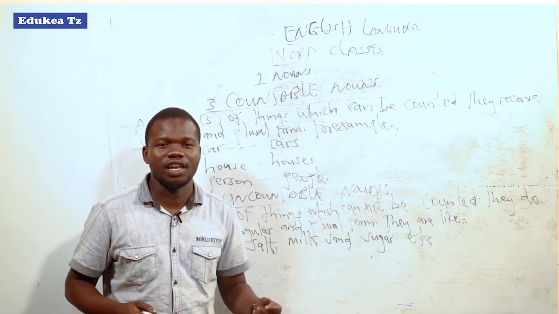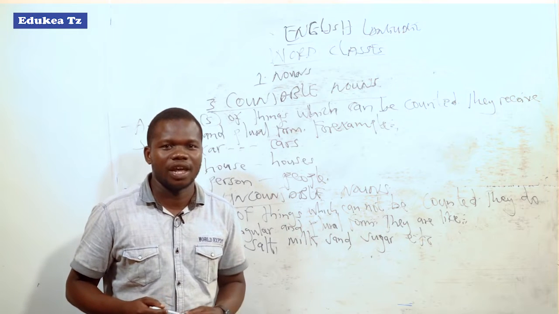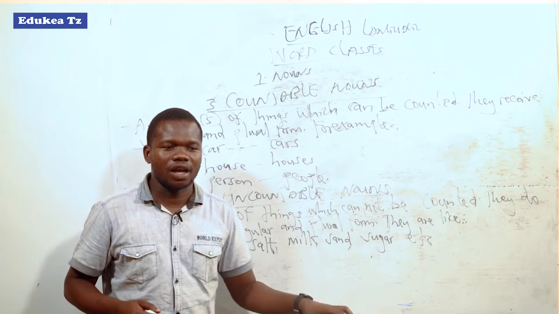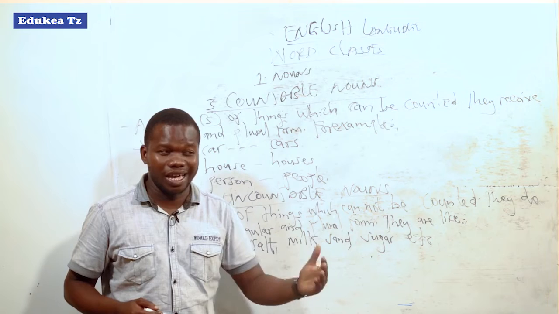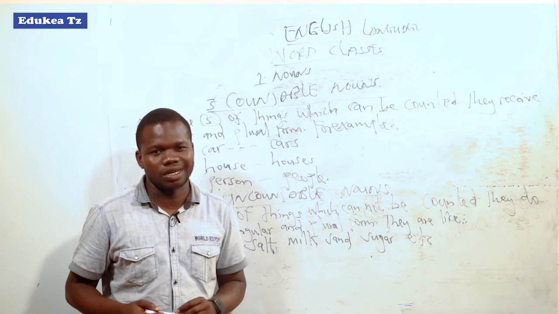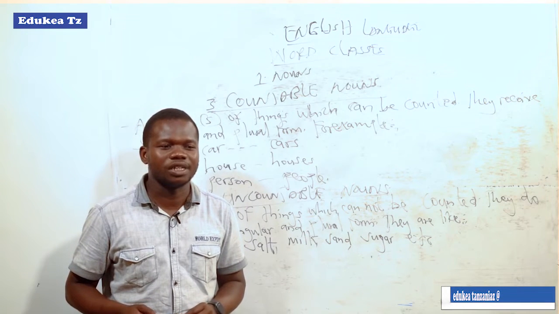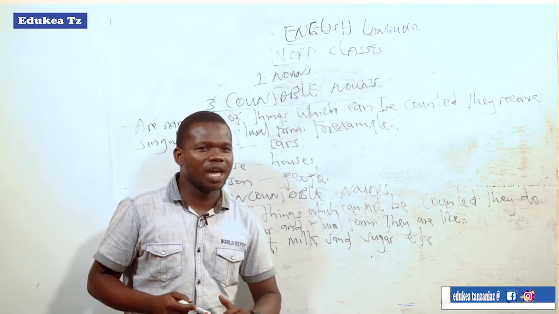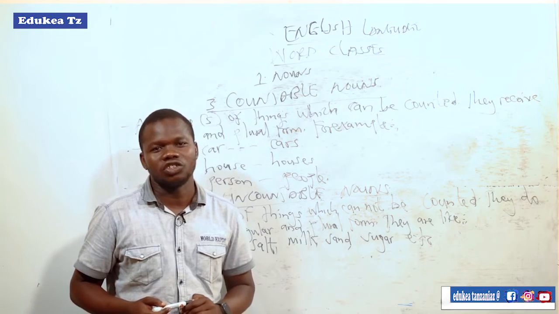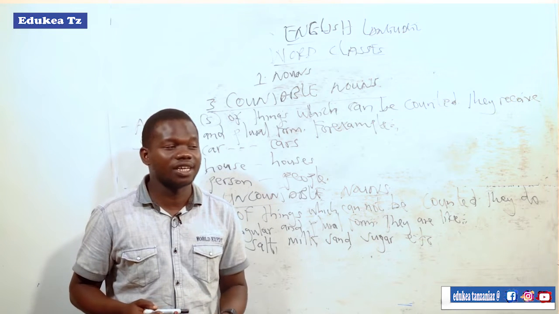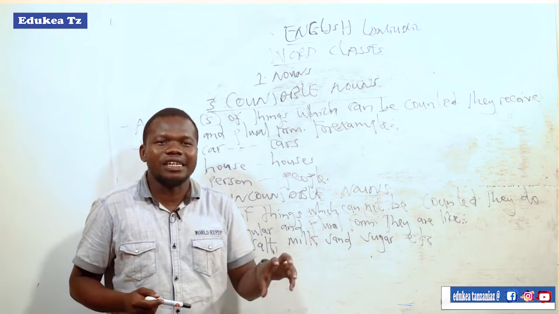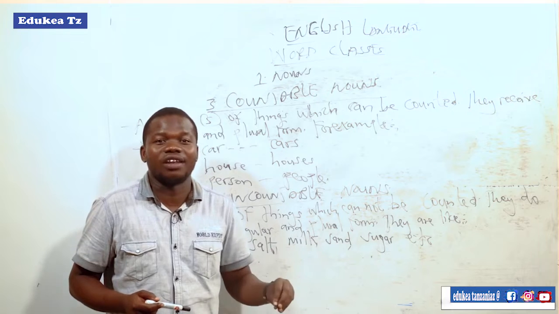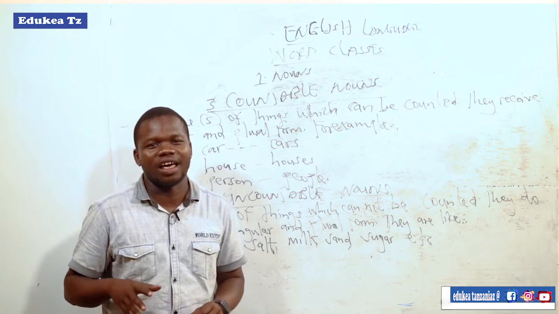So this John is a proper name. When the teacher says, "May I see John," the certain person called John is the one who will come, and not otherwise.